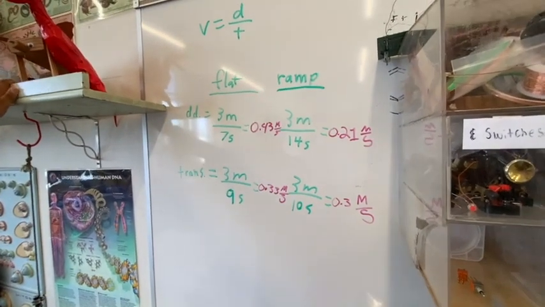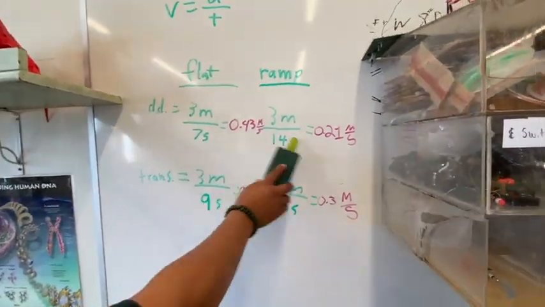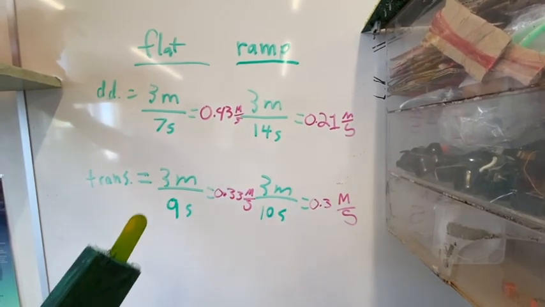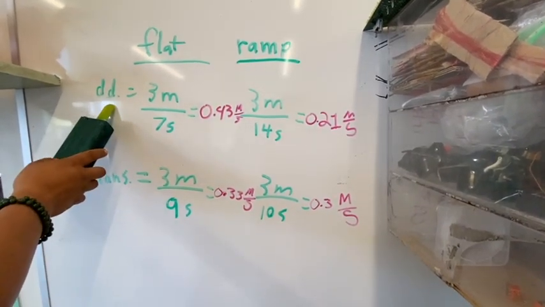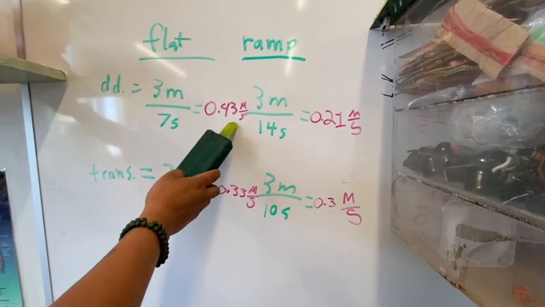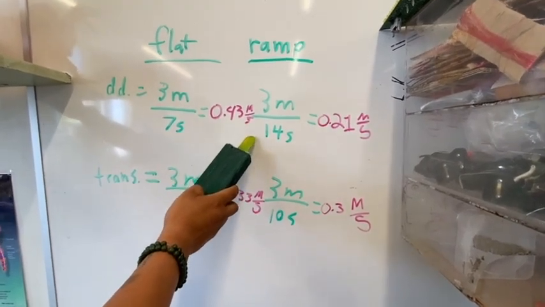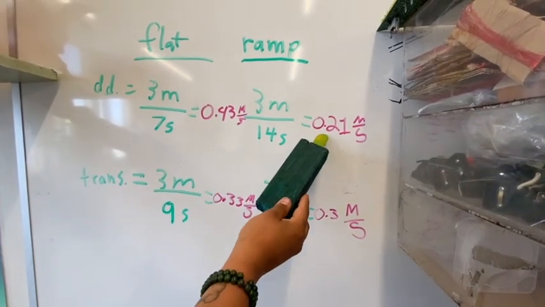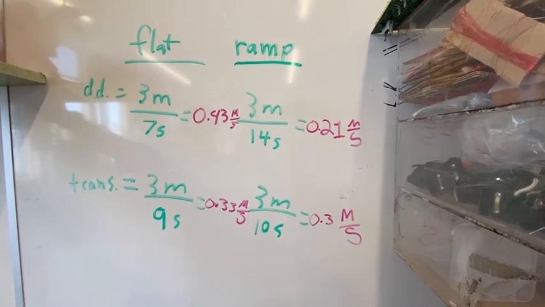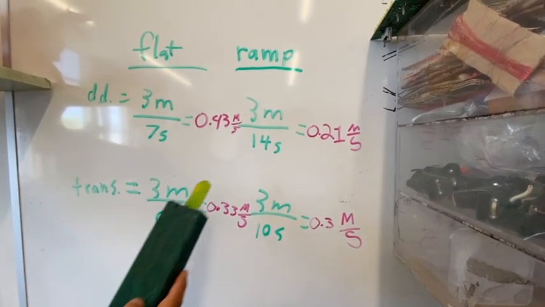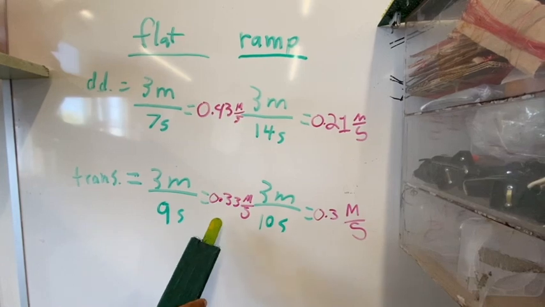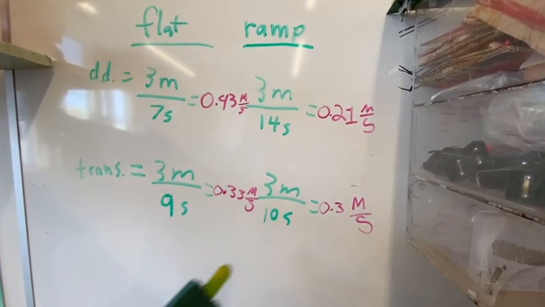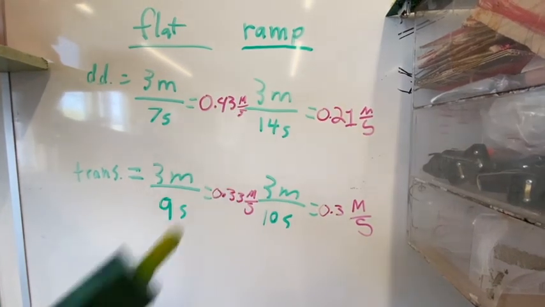Okay, so now that we're looking at our data, we have our 4 numbers here. So the bigger the number, the faster it is. Okay, so we can see that the direct drive went 0.43 meters per second on a flat surface, but it only went 0.21 meters per second on an incline. Comparing that to the transmission that went 0.33 on a flat surface, and then it went 0.3 on a ramp.